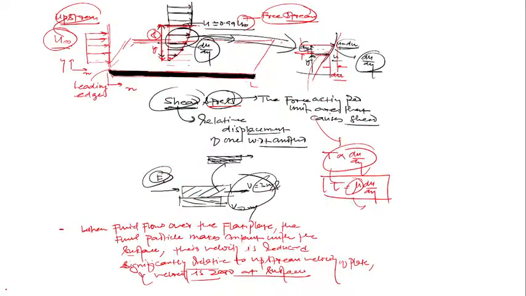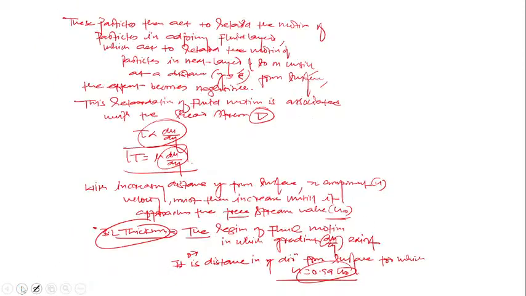Now, as you have seen here, is this thickness the same for all lengths of the plate, or will it change? This delta I got here at a distance of x from the leading edge: is the same boundary thickness there for all lengths from the leading edge of the plate, or will it change?